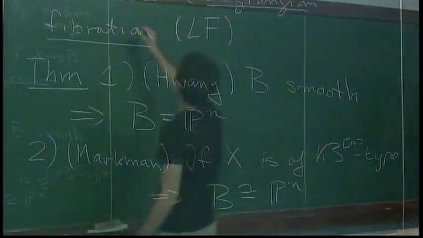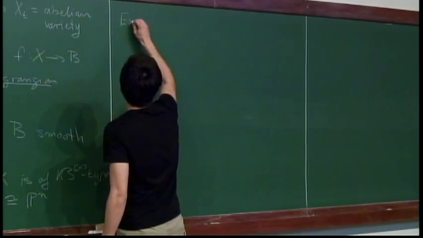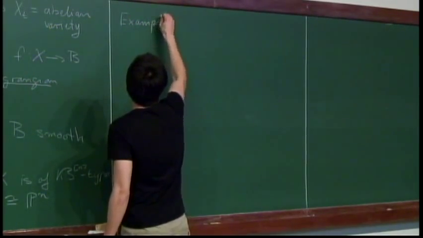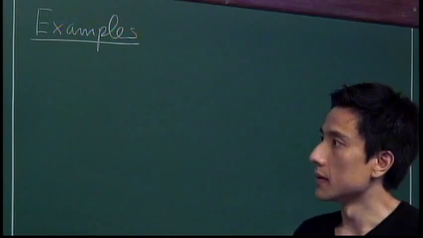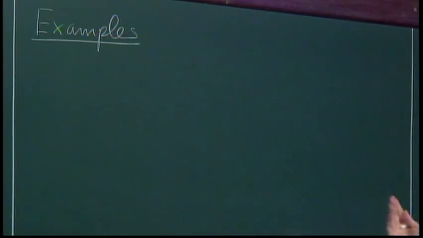Okay, let us look at some examples. So, I mentioned 2. So if X has dimension 2, then it's a K3 surface.